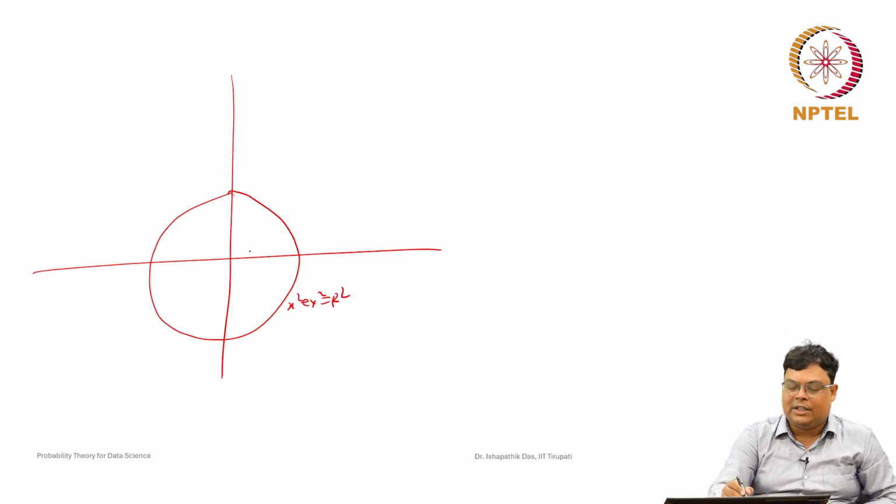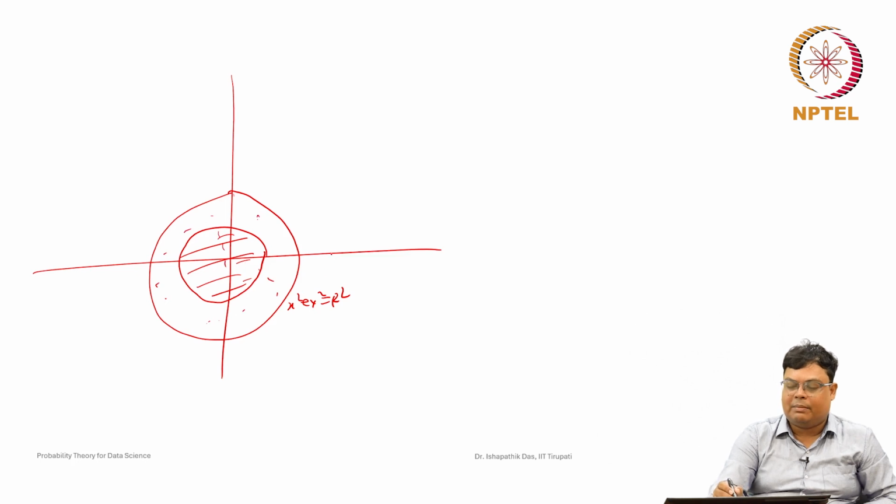If a is less than r, then the probability that the distance will be not more than a is the ratio of this area pi a square by the whole area pi r square, which is a square by r square.